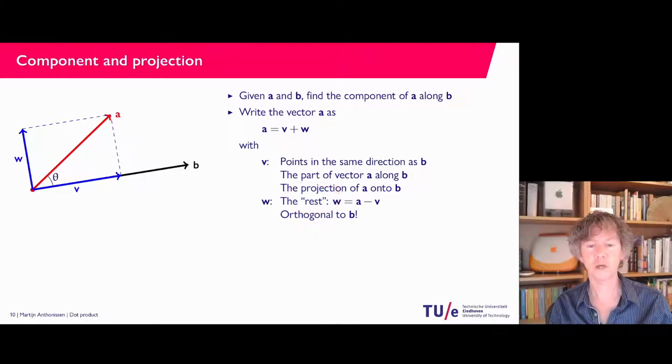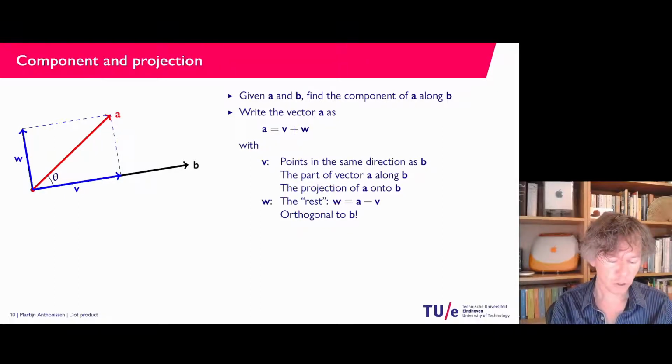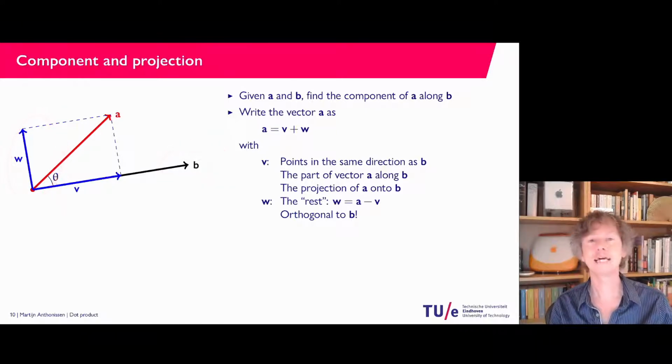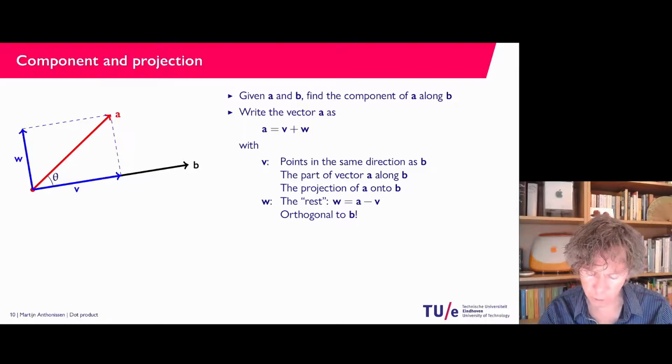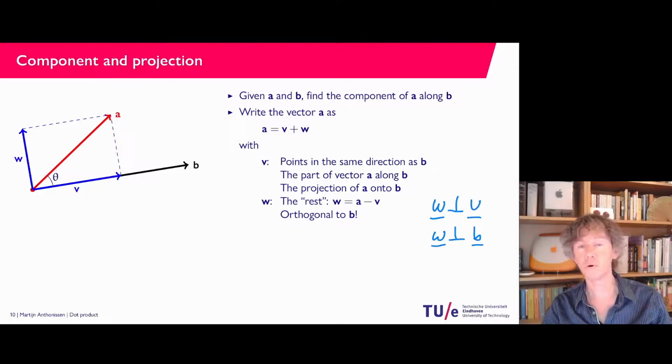So W is just A minus V. And as you can see from my picture here, W and B make a 90-degree angle. They're perpendicular. So we have just seen some notation for that. So what we have is that W is orthogonal to V, and also W is orthogonal to B, because V and B point in the same direction.